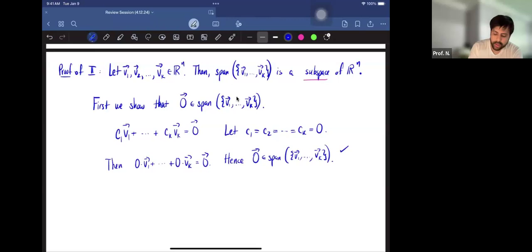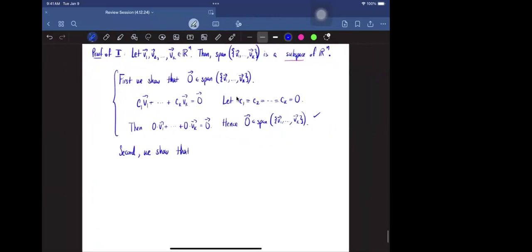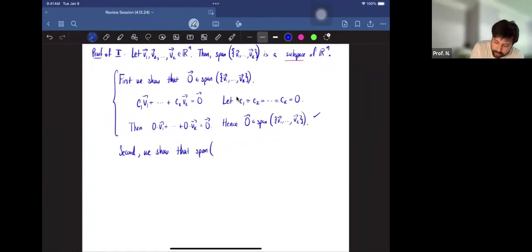Now, what's the second phase? What's the second thing we have to show? Closed under addition. Yes. We have to show that the span is closed under addition.